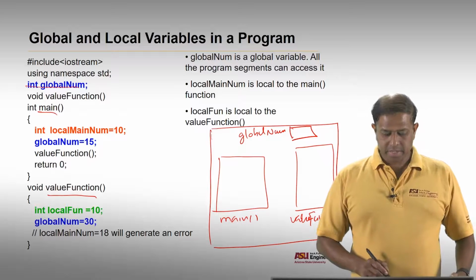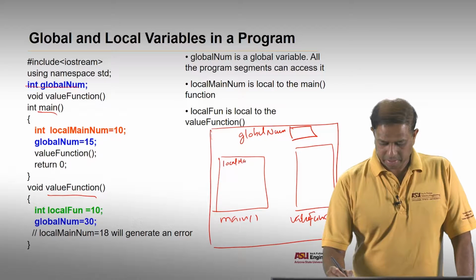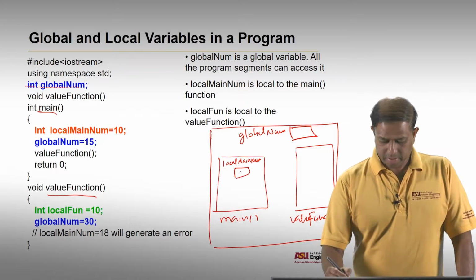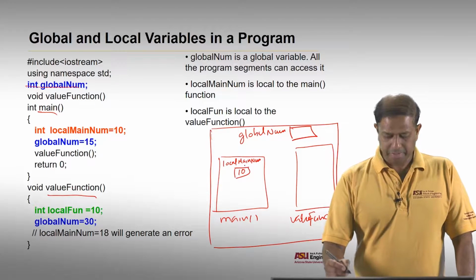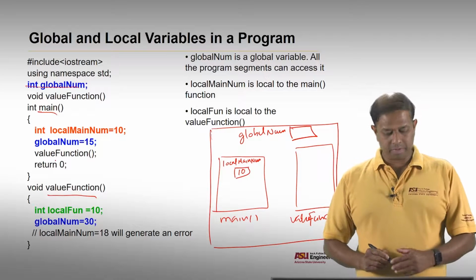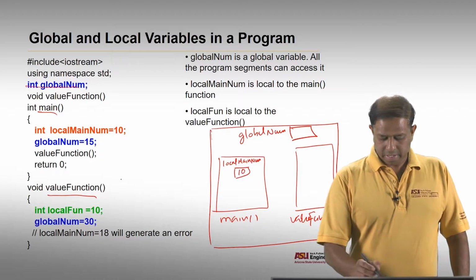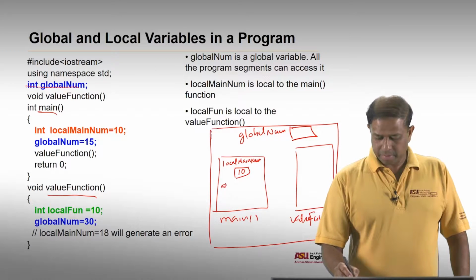And now when you go inside the main method, we have what is called the local main num, and its value is 10. Now inside the main, we are saying global num equals 15. The first thing the main memory area looks at for the main method is to see whether there is a variable called global num in here.